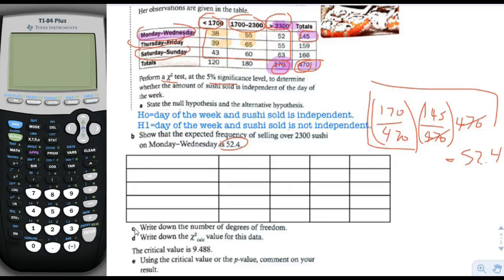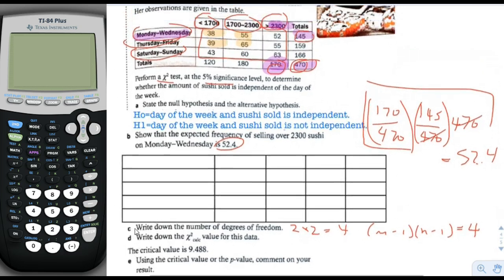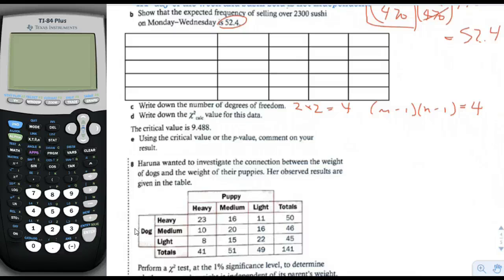So you could see that the number of degrees of freedom is 2 by 2. 2 times 2 equals 4, right? The way you get that is m minus 1, number of rows minus 1, times n minus 1, number of columns minus 1, and that equals 4. Because it would be 3 by 3, but you subtract 1 from each one, so it's 2 by 2 equals 4.